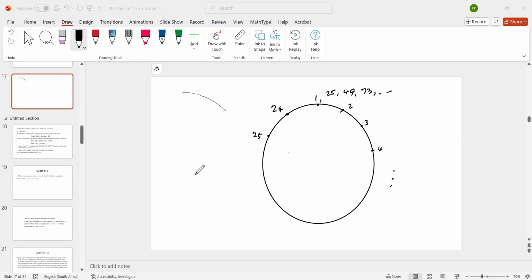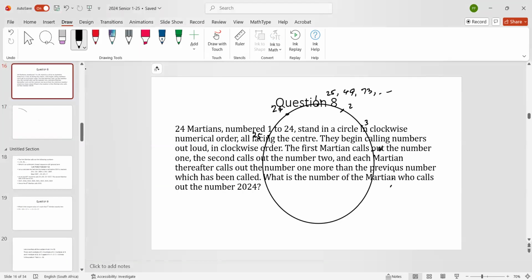And the question is, if I just take you to that question, it says, what is the number of the Martian who calls out the number 2024? Who calls out 2024?